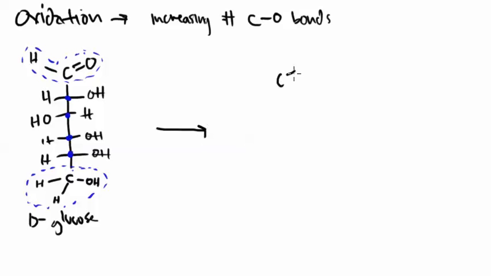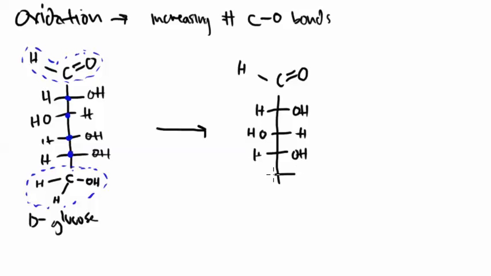Well, the bond up here at the top doesn't change. And all of the bonds on the center of the backbone, they don't get touched. They stay the same as well, all the way through. Down here at the bottom, this is a CH2OH group. This is the part that gets oxidized.